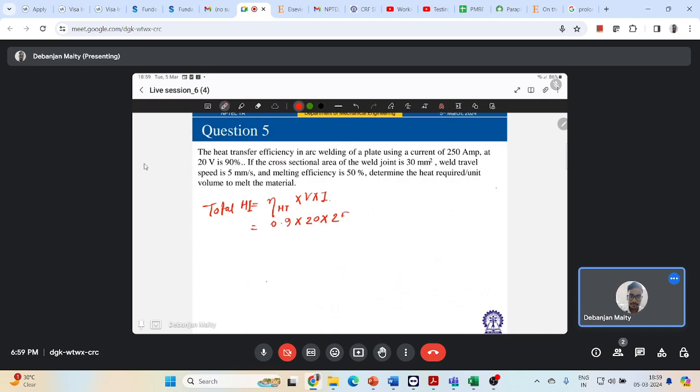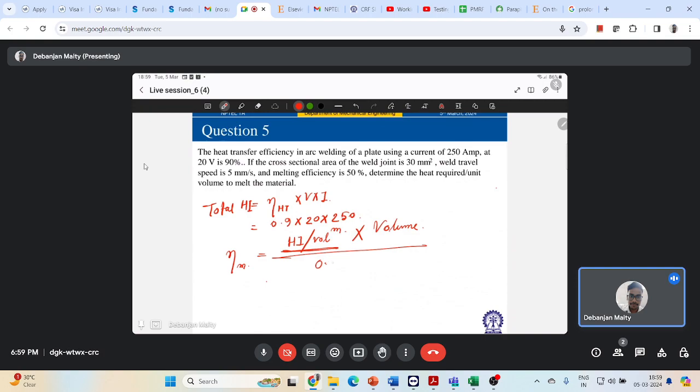20 into 250, right? Now, I have provided the melting efficiency as such, and I need to determine the heat required per unit volume to melt the material. So if I know the melting efficiency, this will be heat input per volume, which needs to be calculated, into the total volume of the material which will be melted, right?